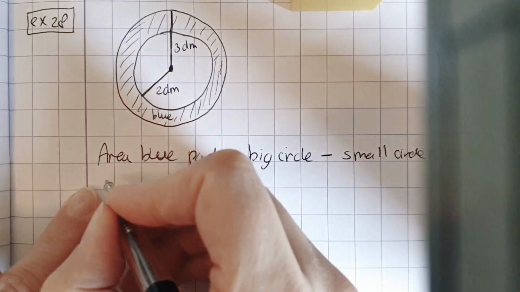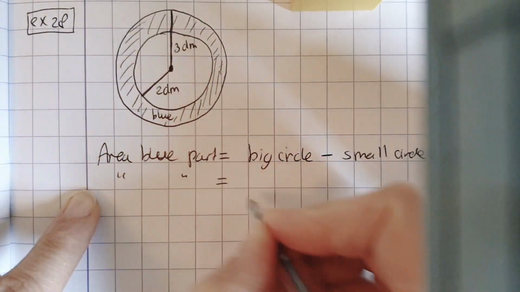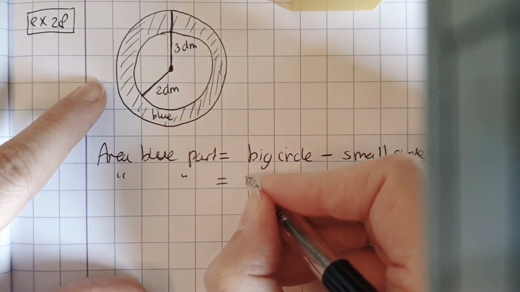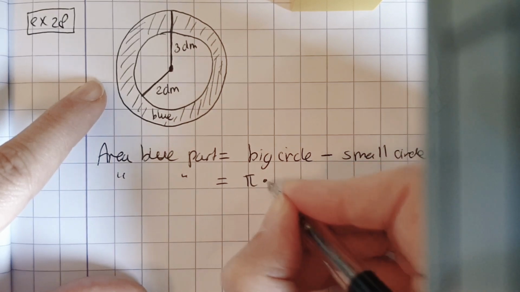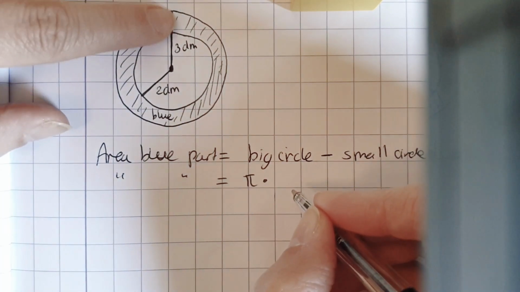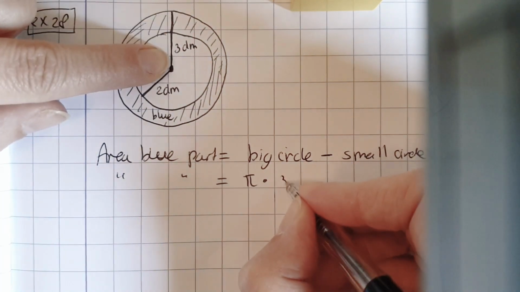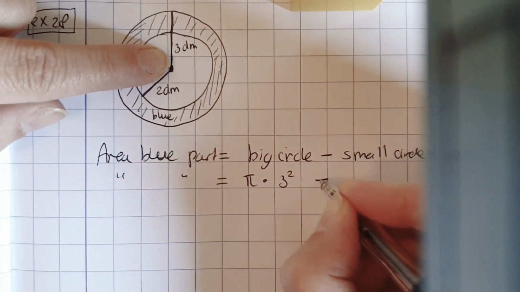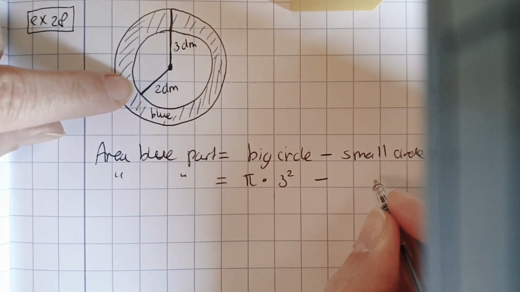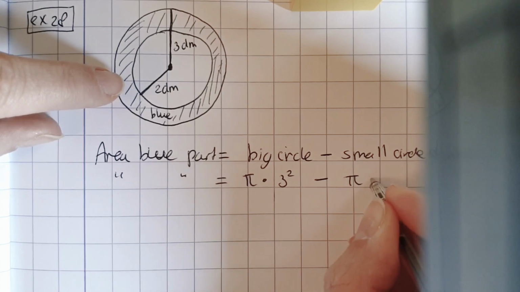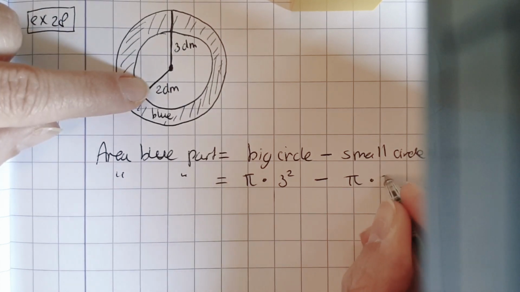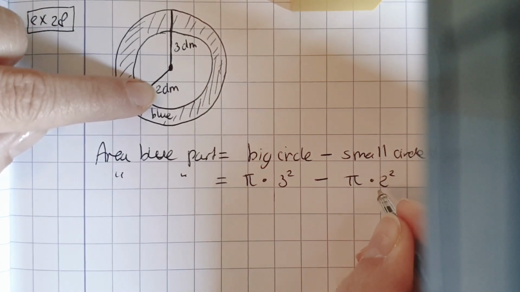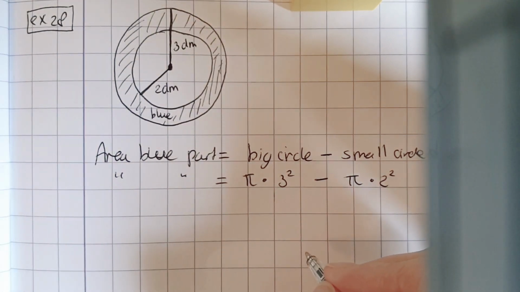I'm going to do it in one calculation. So big circle is pi times r squared. The radius here is 3 squared, minus the small circle is pi times 2 squared. It's for the small circle. I'm going to do them minus each other.